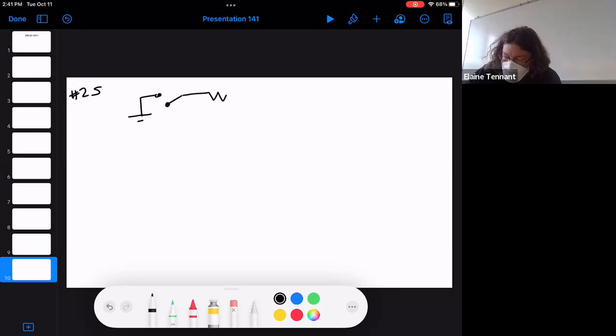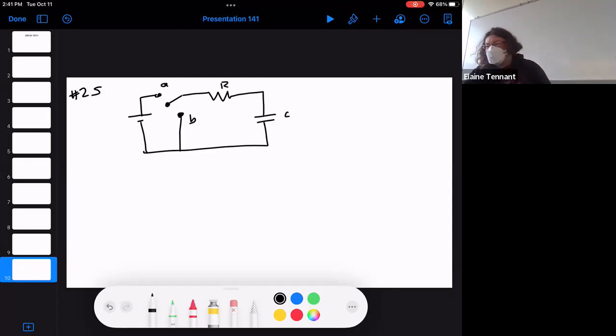I mean, it's the same thing. We have a resistor and a capacitor hooked up in series. So just a slightly different arrangement than what we discussed. A, B, C, R. They set the current that way.